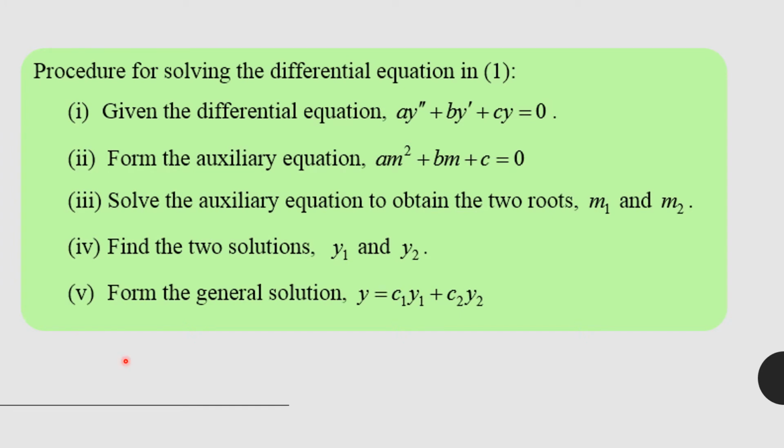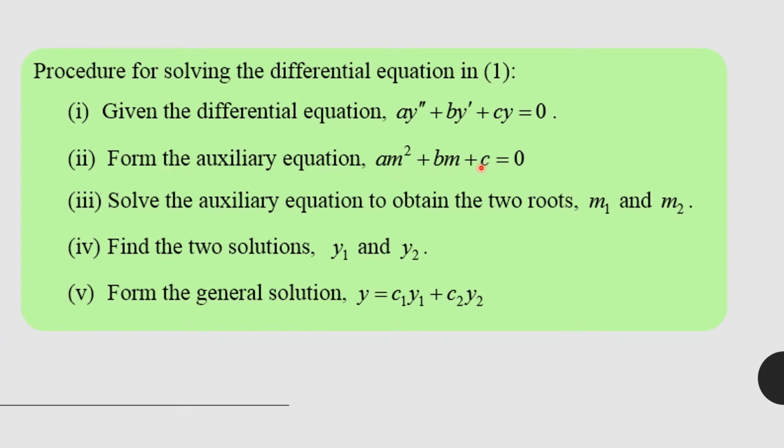These are the general steps that we need to follow whenever we want to solve the differential equation in number 1. If you want to solve this equation ay double prime plus by prime plus cy equal to 0, the first step that you have to do is to form the auxiliary equation am squared plus bm plus c equal to 0.